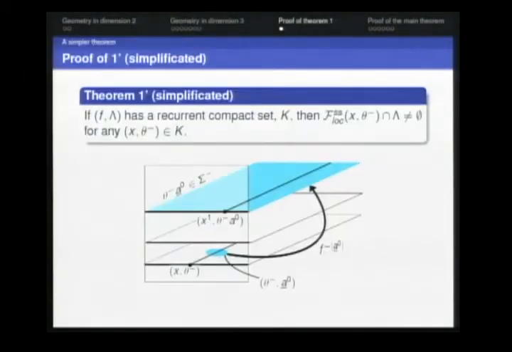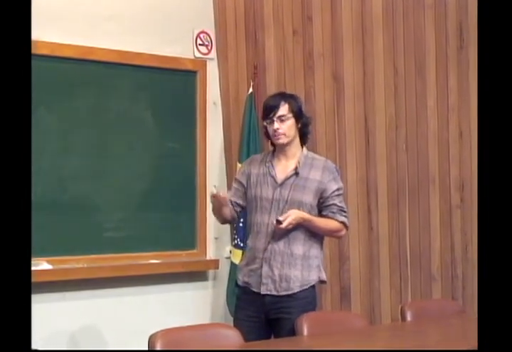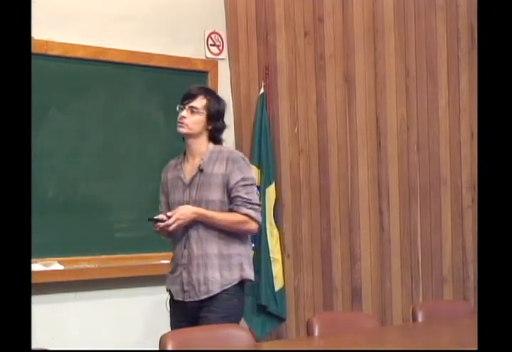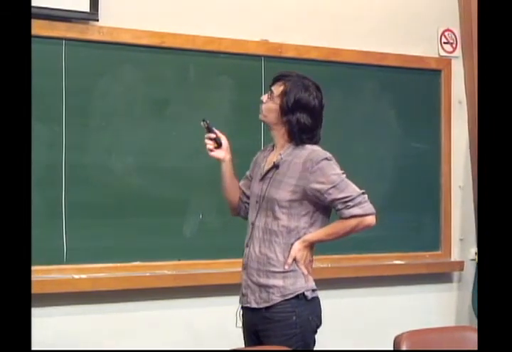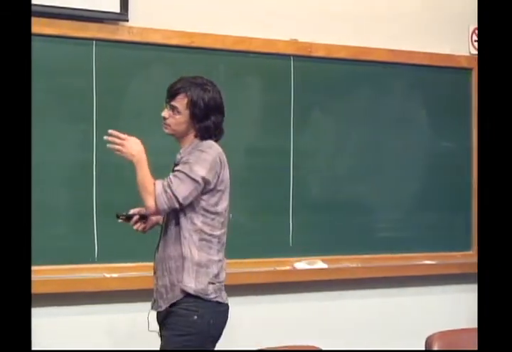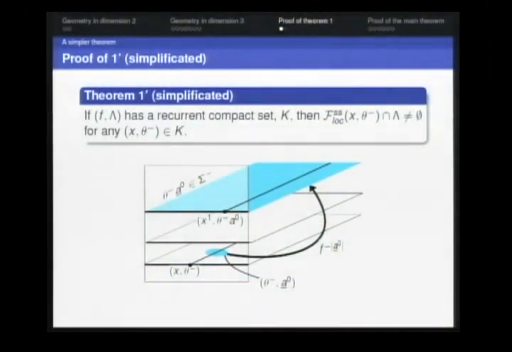I would like to prove a result weaker than, but which is a consequence of, the recurrent compact criterion, to show how the recurrent compact criterion works in order to give a geometric description of the horseshoe. But I will not prove the existence of blenders. I will prove something a little weaker, but easier to prove.